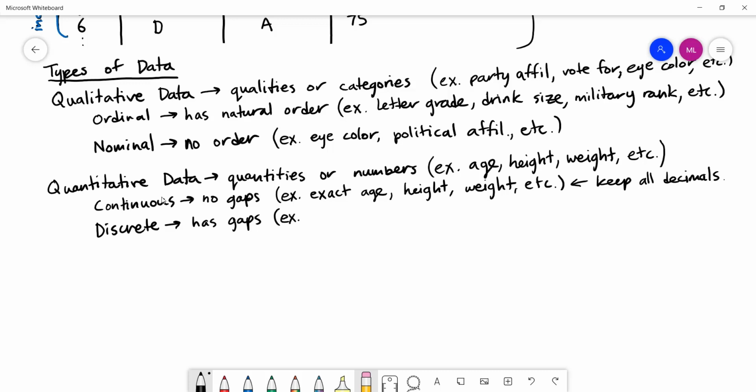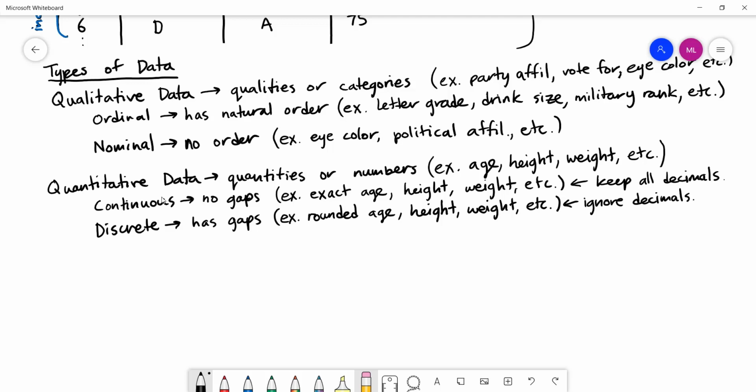We will round to the nearest inch. So if you look on your driver's license, it's to the nearest inch. It's to the nearest pound for your weight, and so on. So if we're talking about rounded, and often we're dealing with these as rounded age, height, weight, etc., where we don't keep all the decimals, or round it off after only 1 decimal or something like that, that would be discrete.